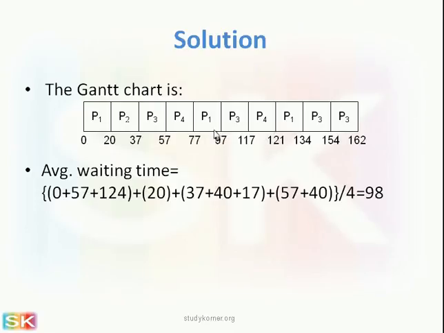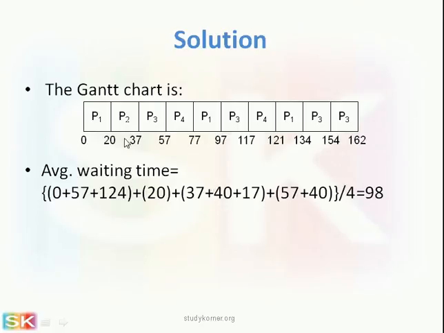So 121 minus 97, that is 24. For P2, it was submitted at time 0 and it gets the CPU at 20. So 20 is the waiting time for P2.